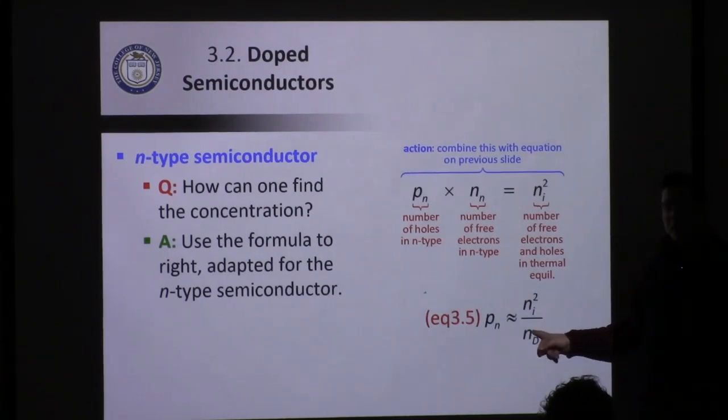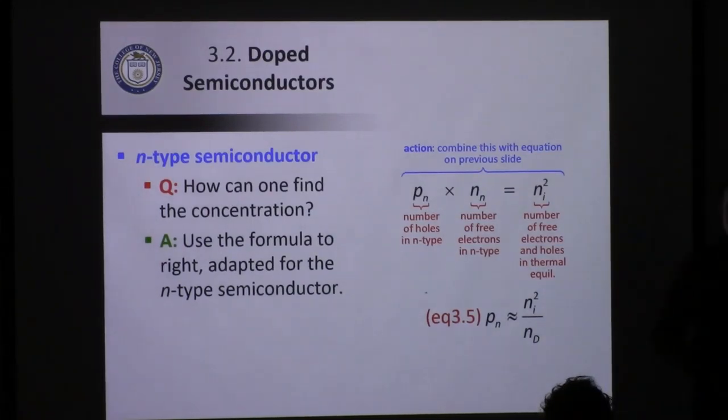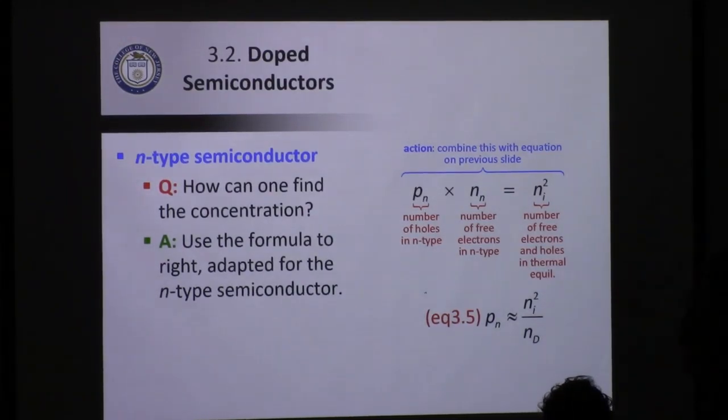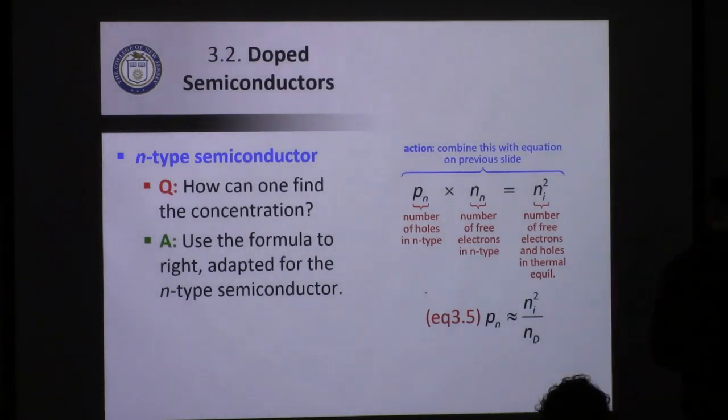You're going to be given the donor or the acceptor atom concentrations, which are the same as the majority charge carrier concentrations. And then you're going to use that to figure out what the minority charge carrier concentration is. A lot of this stuff begins to make more sense once we start doing examples and you get into the groove of dealing with it.